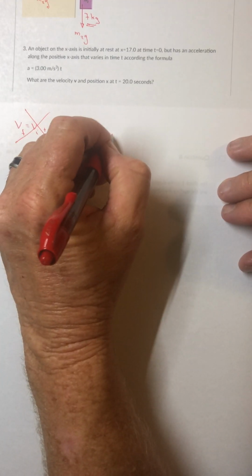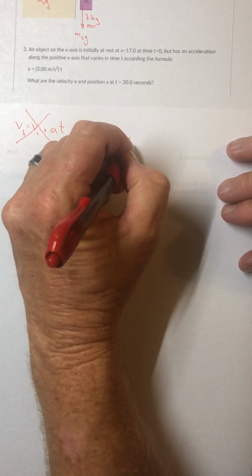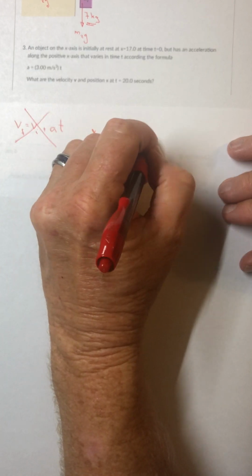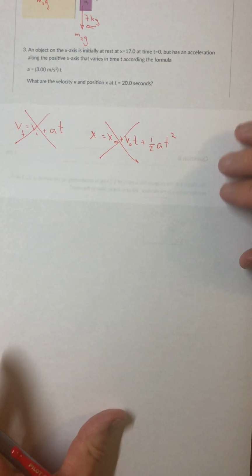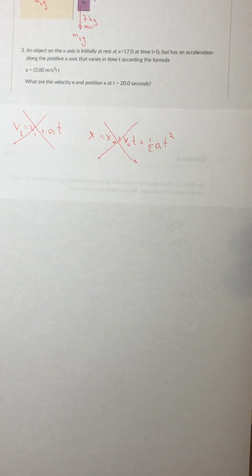The one that looks like this can't be used. Those were all of our constant kinematic or constant acceleration kinematic equations. And so we got to go back to our calculus.